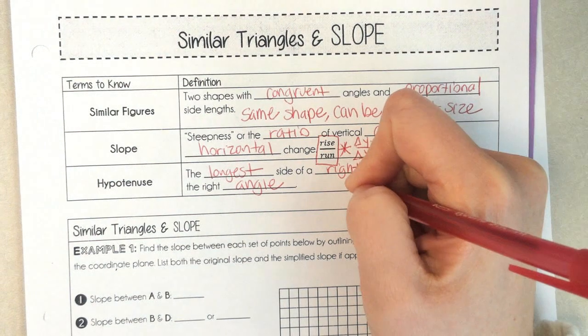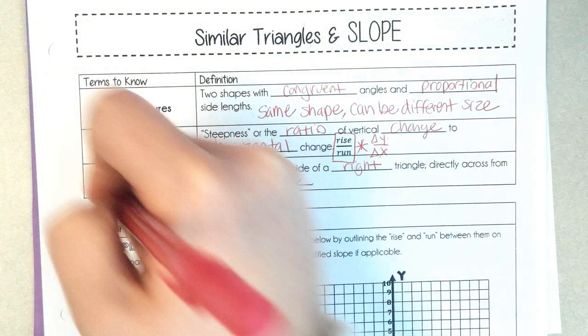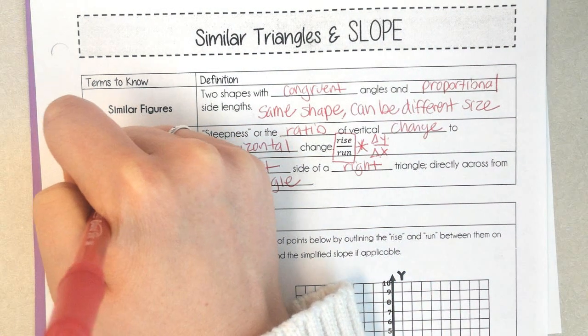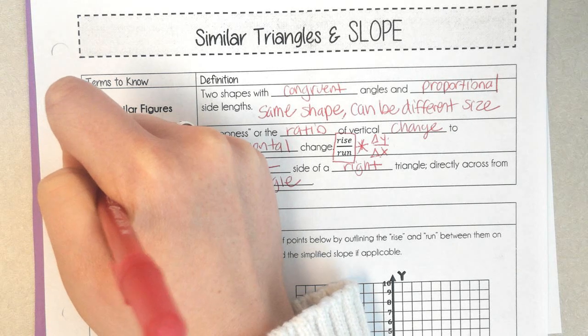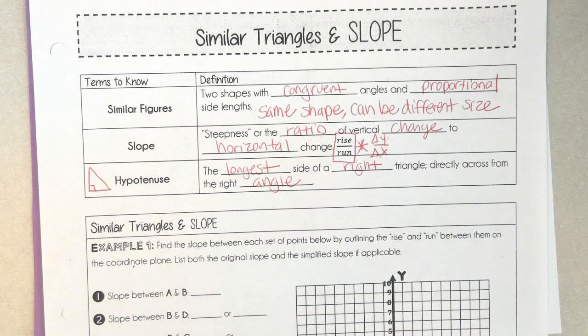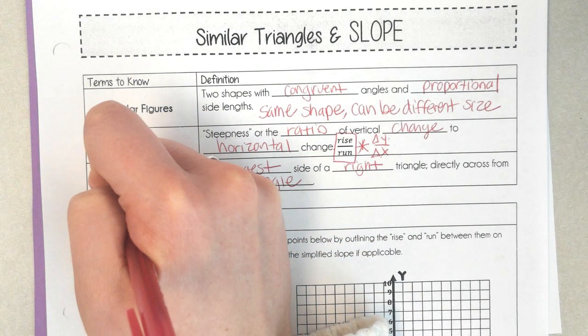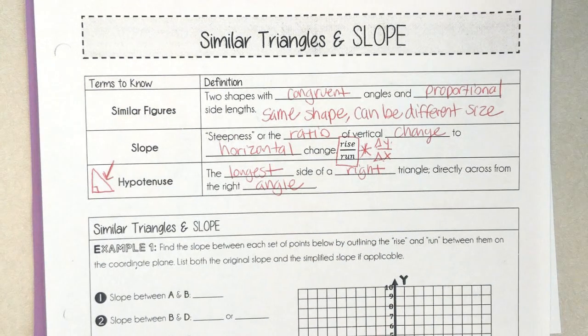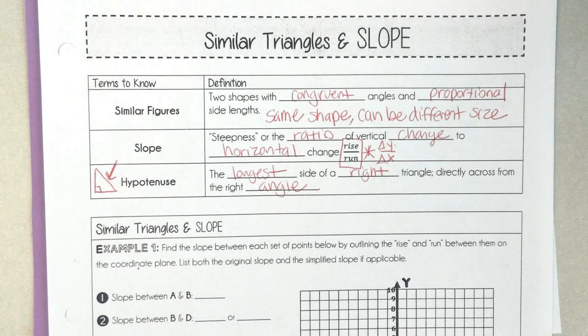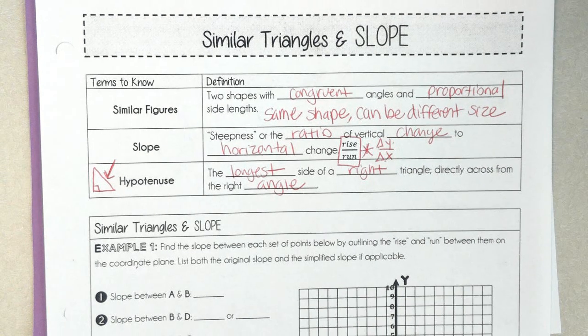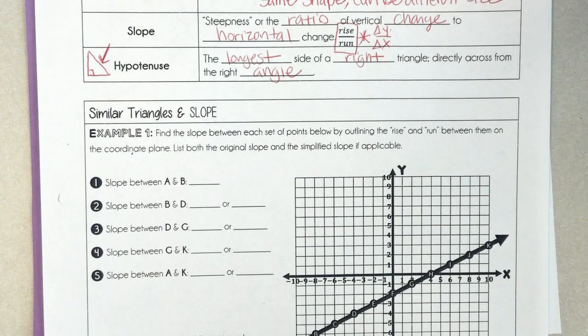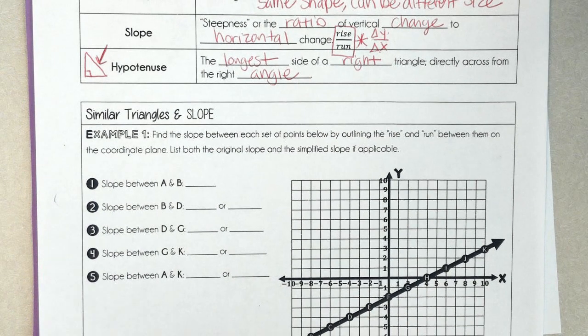So I'm going to draw a small right triangle here. That's my right angle, so it's a right triangle. My hypotenuse is this side. Okay? That is my hypotenuse.